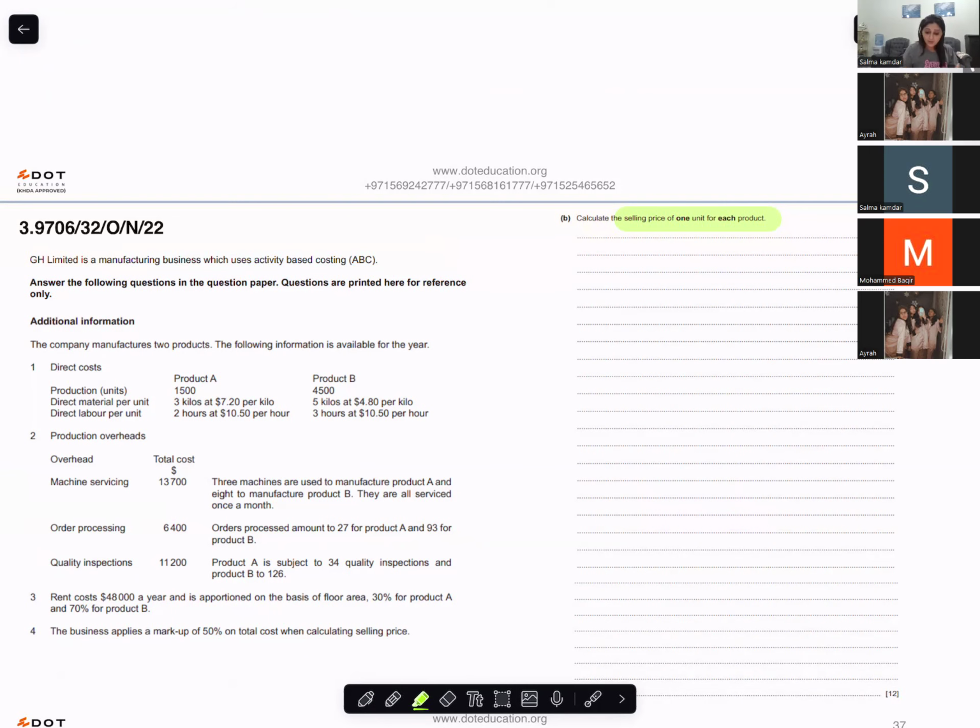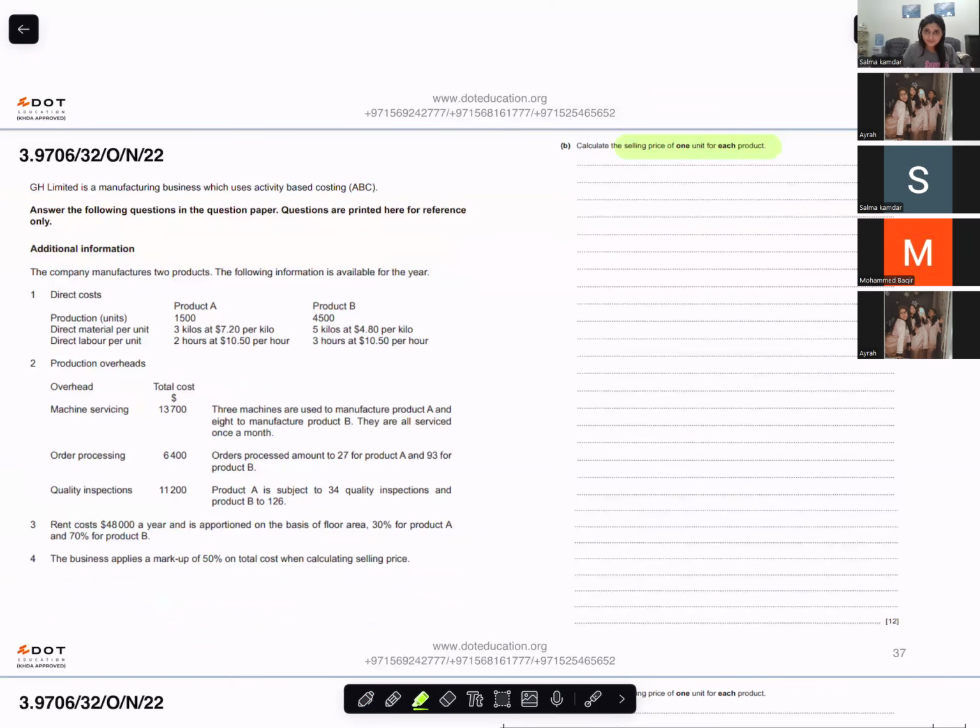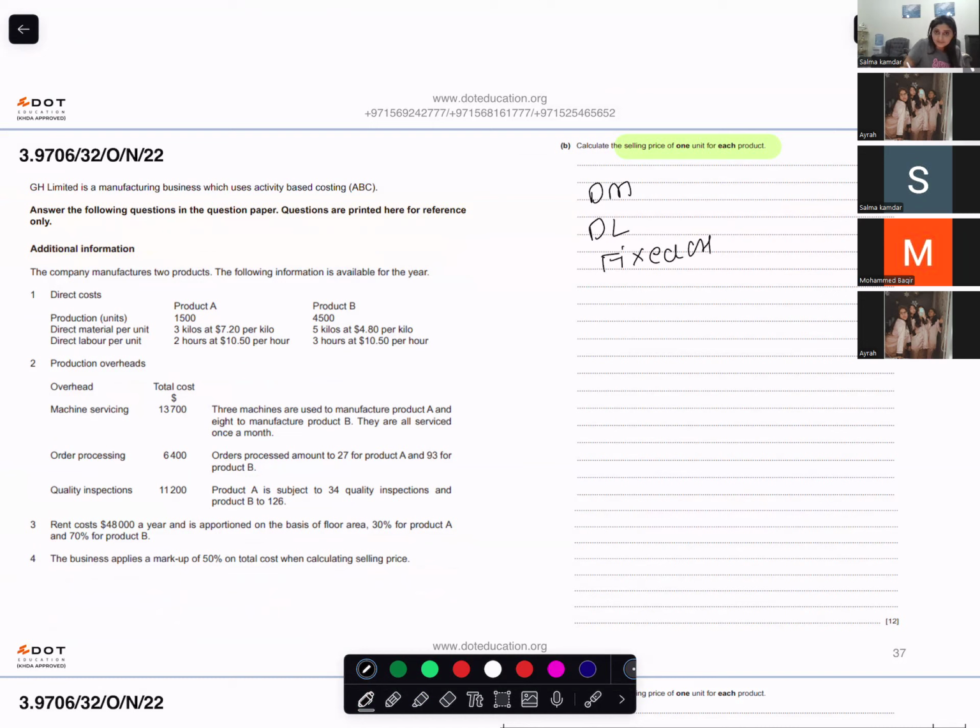To calculate the selling price, you need direct material, direct labor, fixed overhead, and then we get the total expenses. Then usually they give you a markup or margin, and when you add it, you get the selling price.